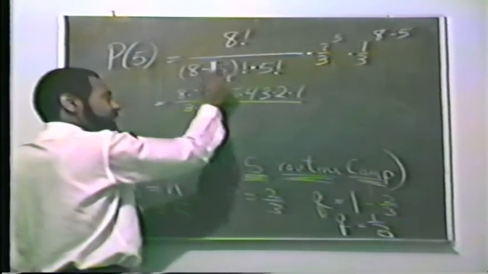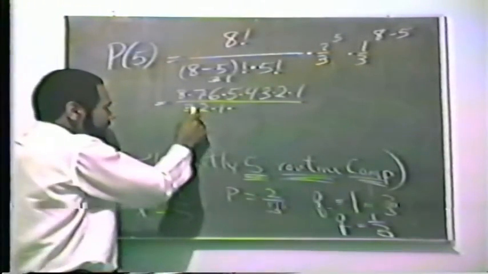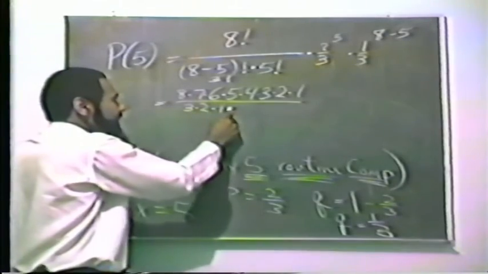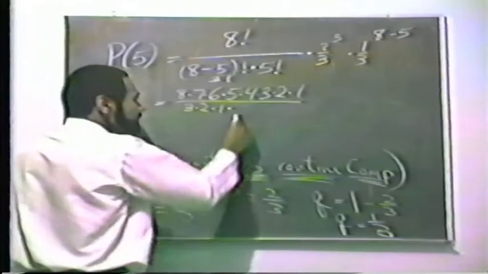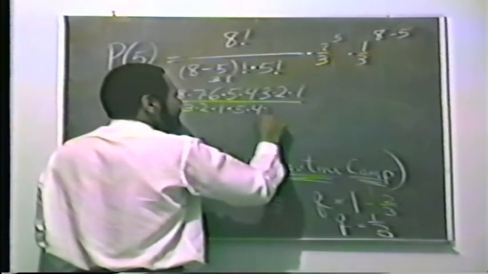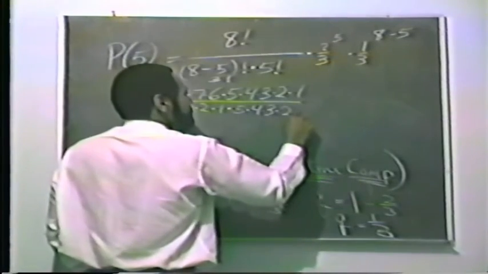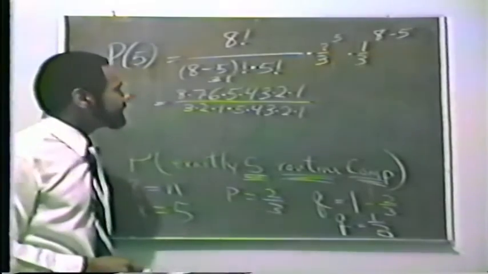So here we're multiplying this factorial times that factorial. So that's why we have 3 times 2 times 1 and then times 5 factorial. Now 5 factorial means 5 times 4 times 3 times 2 times 1. That's what 5 factorial means.